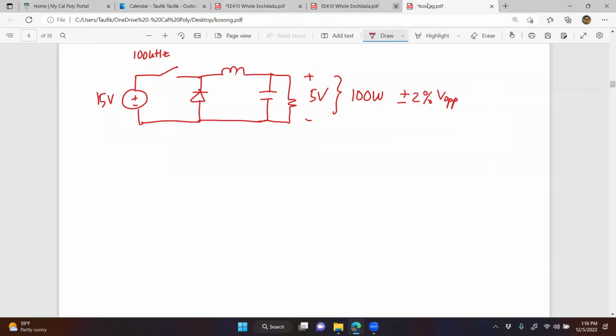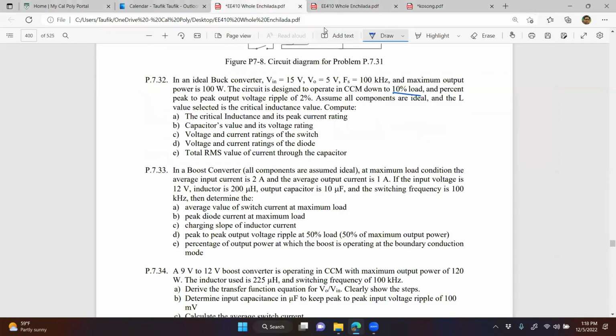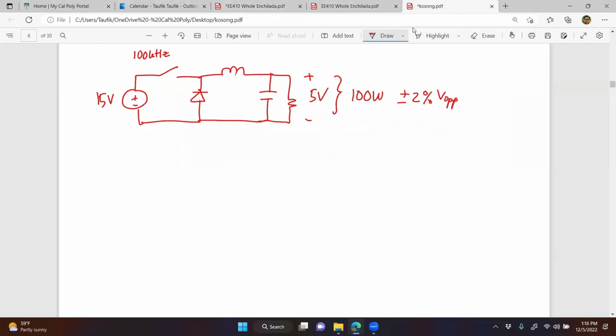Based on this one, it is given as 10% load. So critical inductance is at 10% load. So what's 10% load?